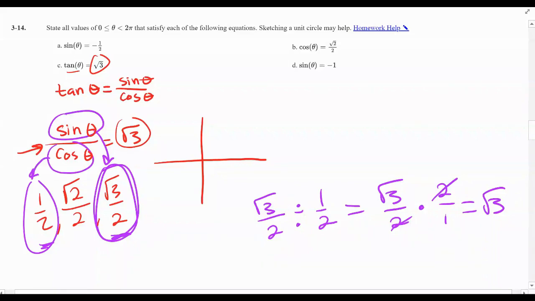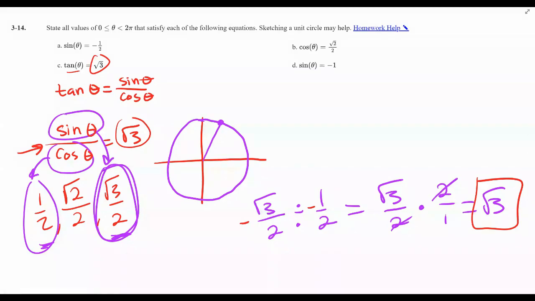So if I'm looking at that one, I'm going to look at my unit circle. Let me find sine here. And the other thing to think about is that technically, if I made both of these negative, I would still get just root 3 for tangent. So I also need to find when it's negative 1/2 and negative root 3 over 2, which would be this line right here.